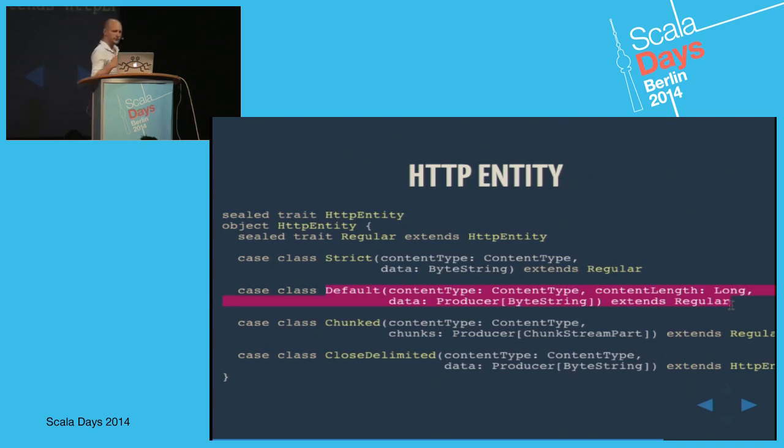And if you don't ever attach to this data stream and actually pull the data out, they won't be read from the network. They'll just stay where they are. But you can already look at the rest of the request. And then you can decide, well, you know what, I'm only going to read the first byte and then throw the rest away if I want to, or you can dump it into a file, you can do whatever you want. It gives you more control over when data are read from the network and so on.